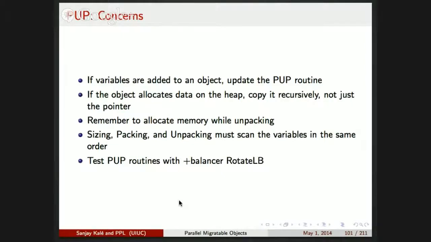And typically, when you want to test your application to see whether object migration is behaving sensibly or not, we have this special load balancer, rotate LB. What that will do is take every object on every processor and shift them cyclically to the next processor in the job, so that every object migrates every time it's invoked.